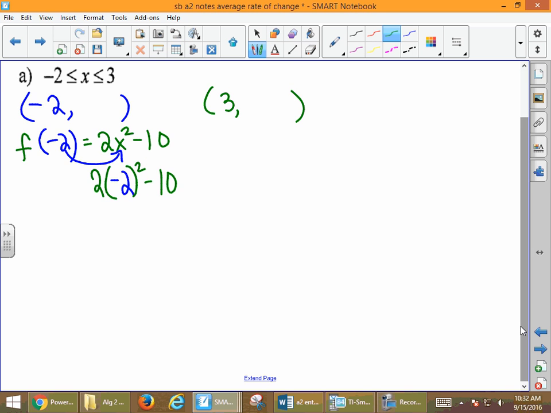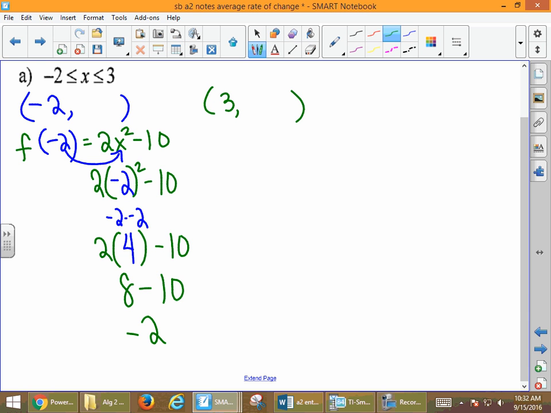-2 squared means -2 times -2, which is +4. You can still type it in, but oftentimes people forget the parentheses and then it gets confusing. So this is 2 times 4 minus 10. 2 times 4 is 8, minus 10, and 8 minus 10 is -2.